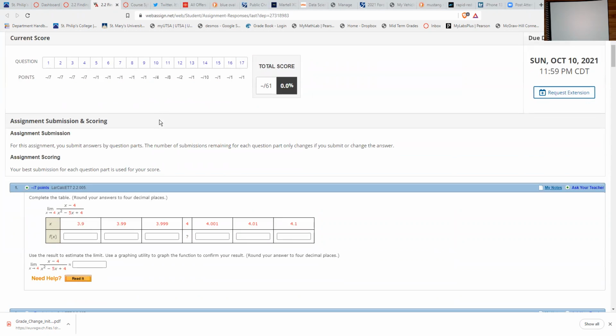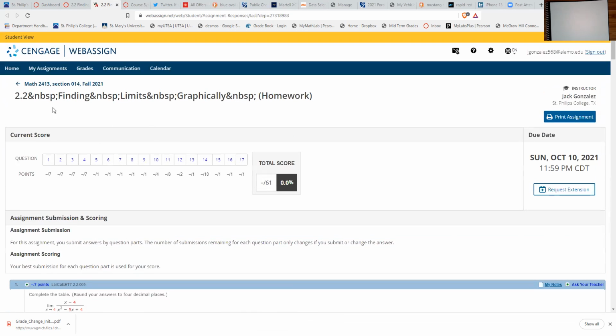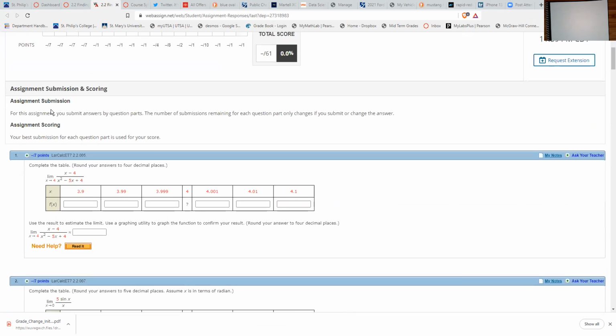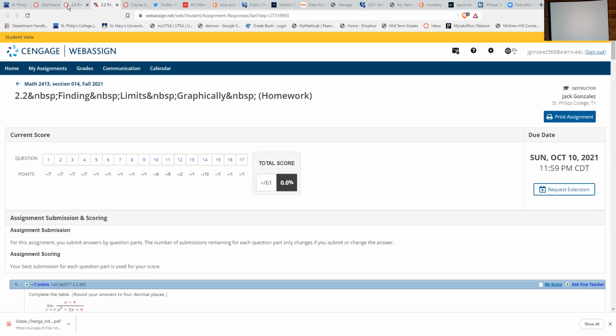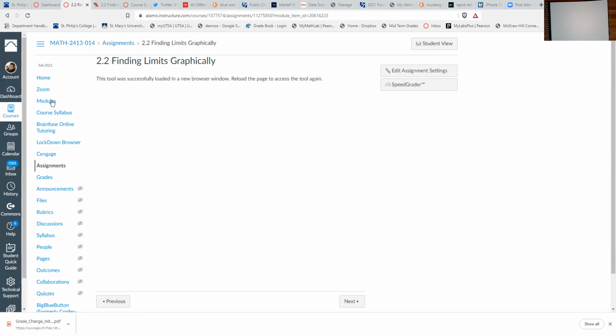Okay, so here we start talking about limits. So limits is very theoretical. 2.2 is grayed out for me. I can't click on the link. Oh, let me see what's going on.